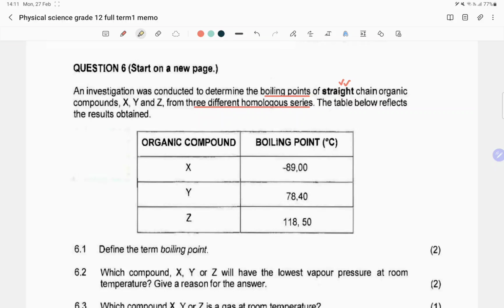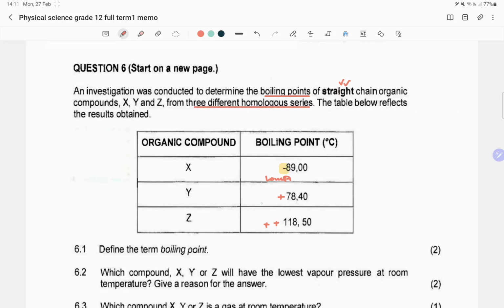So we can see here that the boiling point is negative. The boiling point here is essentially positive, okay? And that one is more positive. If we can just use signs to try and elaborate what is going on. But you can see this one is small, so it's the lowest.